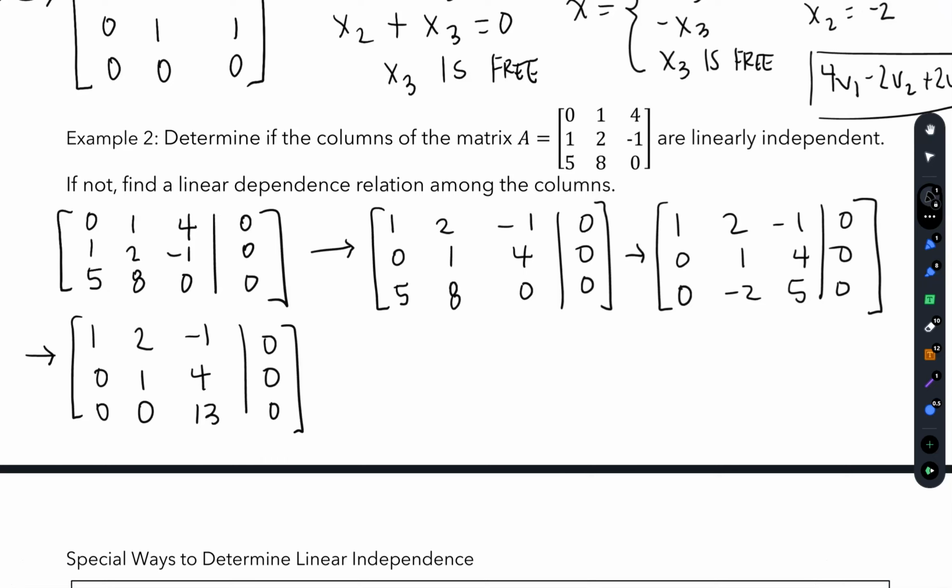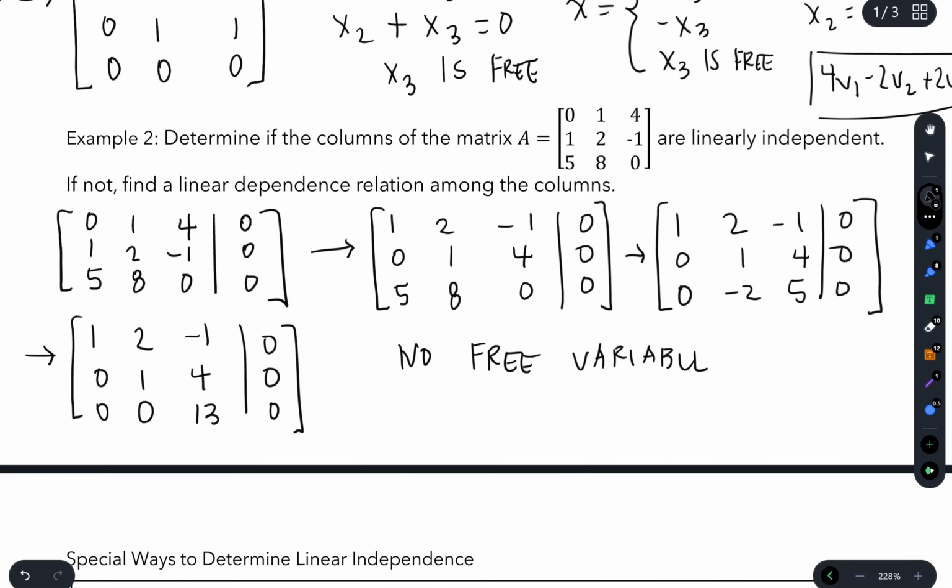Okay, so is this going to be linearly independent or linearly dependent? Independent, there are no free variables, yes? So no free variables. So Ax equals 0 is only going to have the trivial solution.